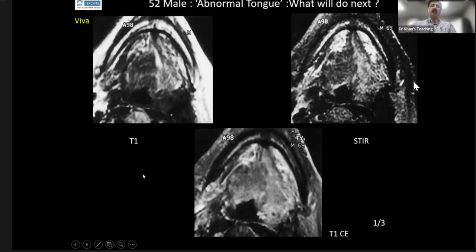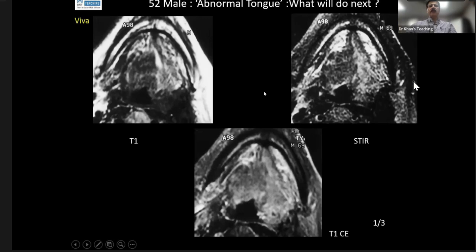So I'll talk you through the case once I give you a bit of theory behind it. What happens is that the 12th nerve supplies the intrinsic muscle as well as the extrinsic muscle of the tongue. Now, if a patient presents to you with atrophy of the tongue, the first thing is that you will tell the examiner that I want to scan the whole neck till the base of the skull.